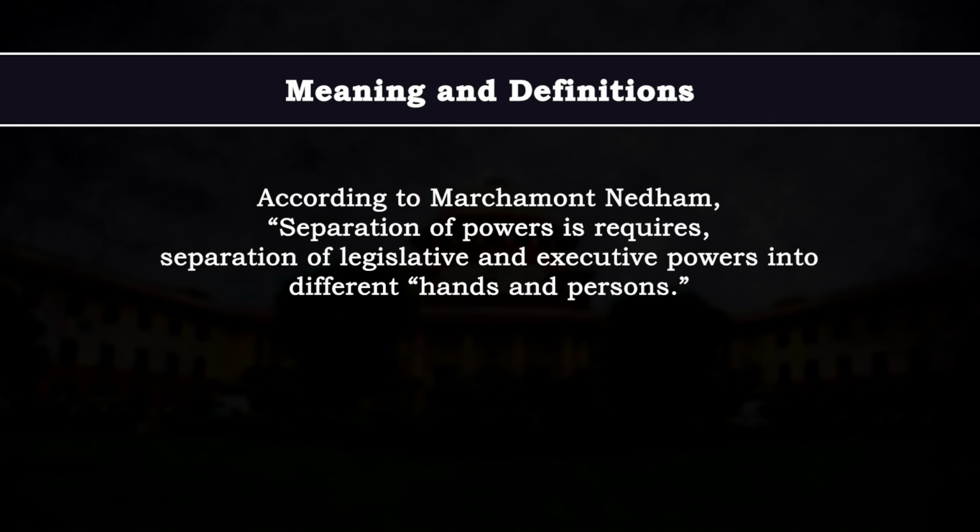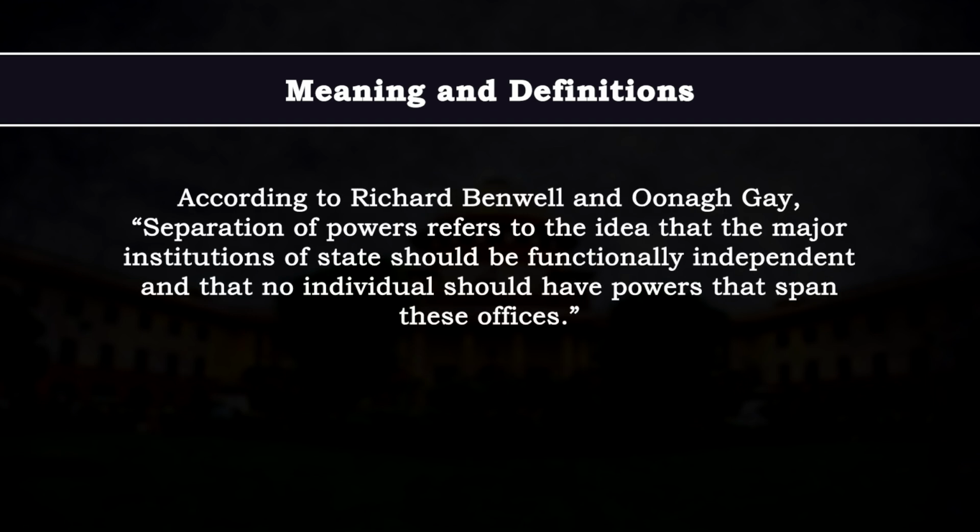According to Markham Mont Needham, separation of powers requires separation of legislative and executive powers into different hands and persons. According to Richard Benwell and Onagh Gay, separation of powers refers to the idea that the major institutions of the state should be functionally independent and that no individual should have powers that span these offices.